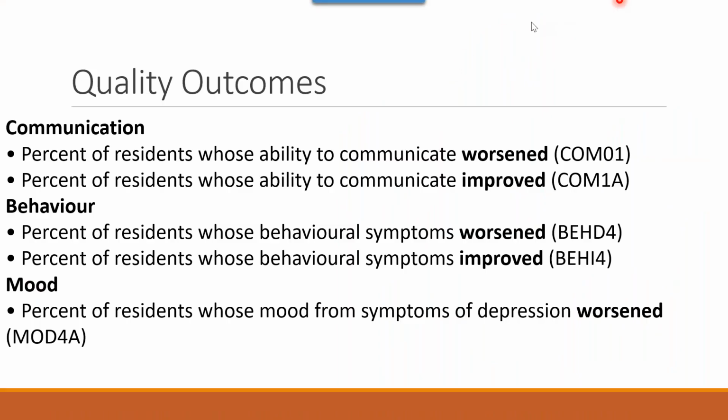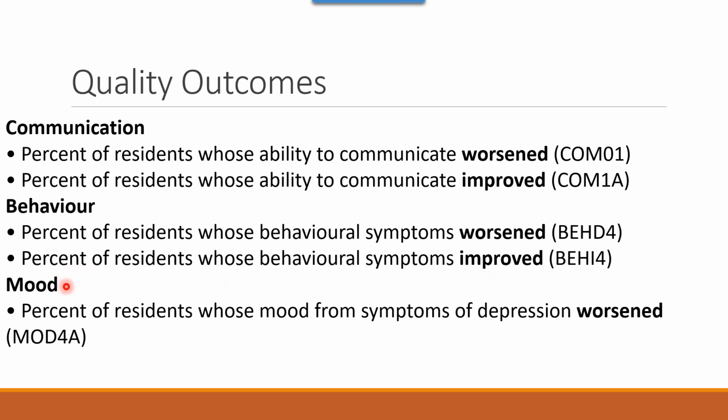Now, the communication indicator looks at the percent of residents who worsened with respect to communication, and then the percent of residents who improved with respect to their communication abilities. It also looks at the behaviors for those who have worsened behavioral symptoms and those who have improved behavioral symptoms.